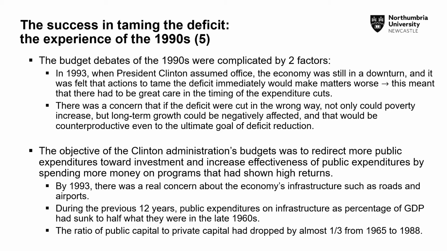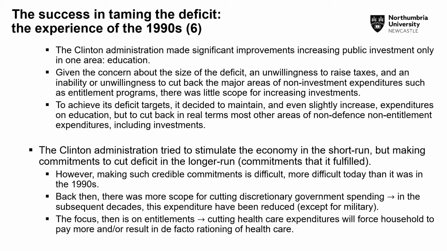So the idea is you want to drive growth. And we go back to this idea as to the nature of expenditure. So what the Clinton administration did is it made significant improvements in increasing public investment in education. And this was driven by concern about the size of the deficit and unwillingness to raise taxes.